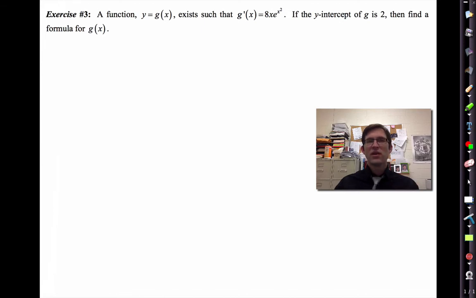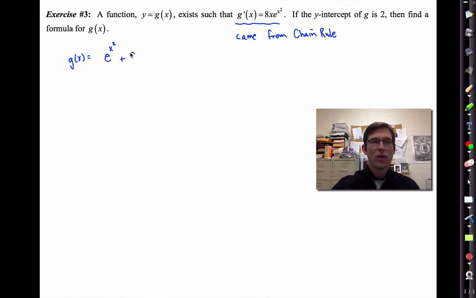All right, let's take a look. Now this really comes from our last lesson because this is definitely a derivative that came from the chain rule. Now, there is no way to get an e to the x squared in a derivative unless we start with an e to the x squared.